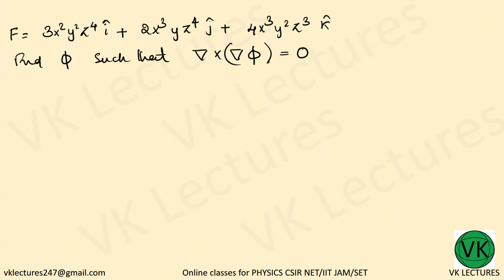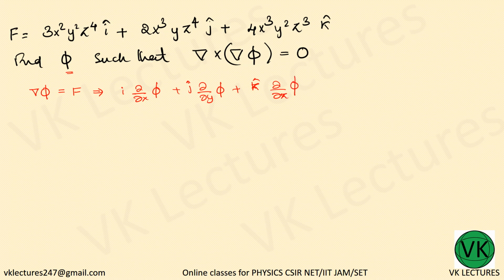Next, F is equal to 3x square y square z power 4 i cap, and we need to find phi. So del phi can be written as F. So what is del phi? That's equal to i cap dou by dou x of phi plus j cap dou by dou y of phi plus k cap dou by dou z of phi.